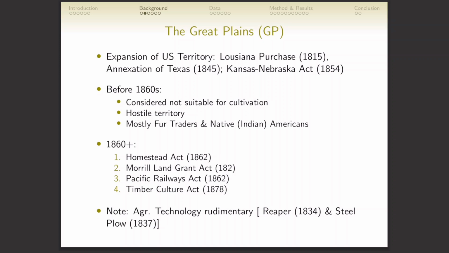It was considered a hostile territory, in the sense that you just had fur traders passing through. If you know the history of the Oregon Trail, people going to the western coast, you wanted to get through that area as quickly as possible, in part also because of semi-hostile Native American tribes, although one wonders how much of that is more story than anything else.